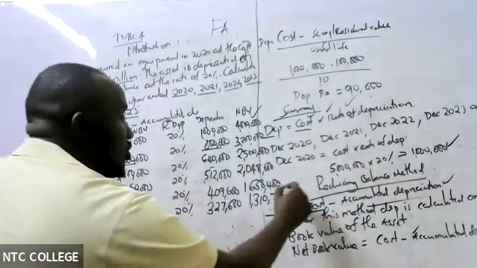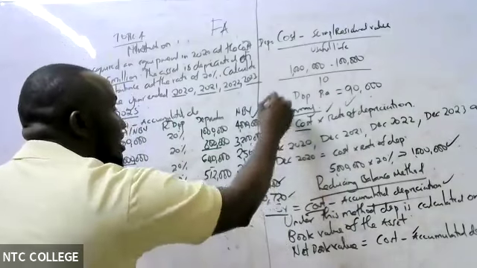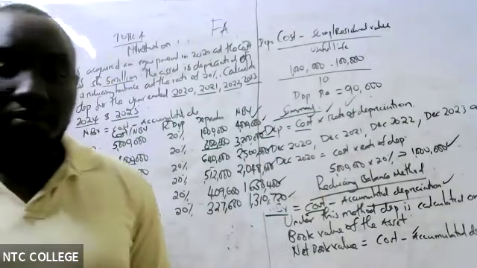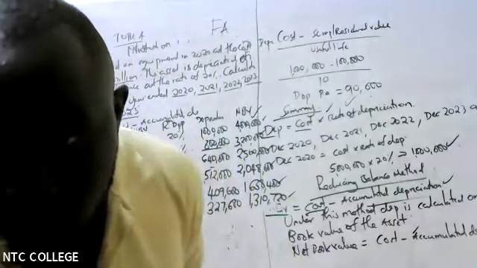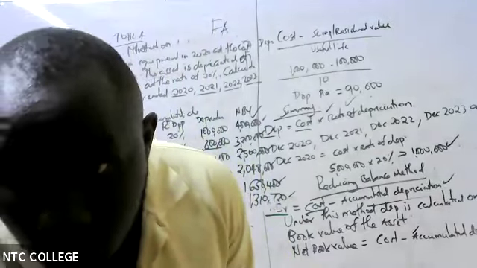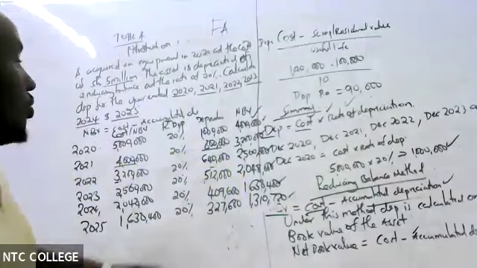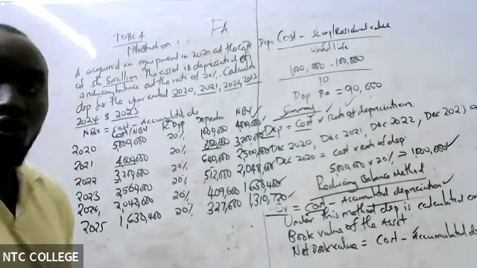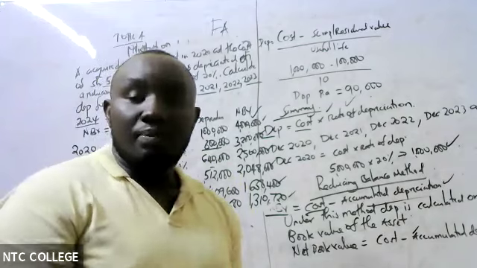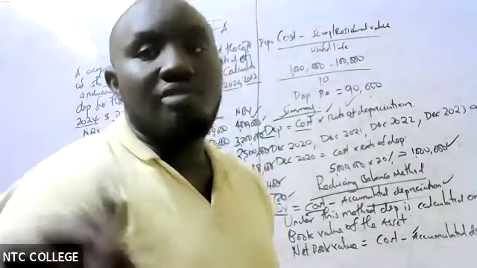So are we sorted on this? Do we understand how we've gotten these figures? Yeah, great, Elizabeth. So we understand this is the reducing balance method, also called the diminishing balance method. You have to have a calculator.